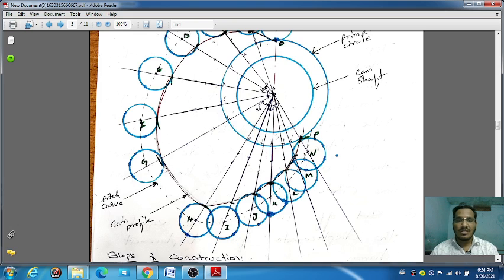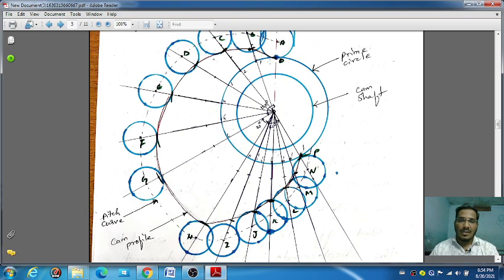Next, we divide this curved line into six equal parts. With the compass we cut the value and make these lines, and denote the points with numbers.